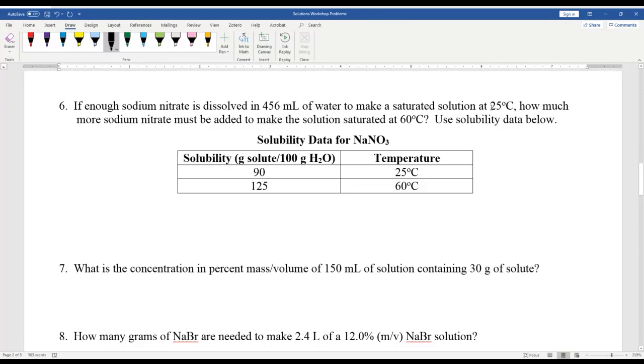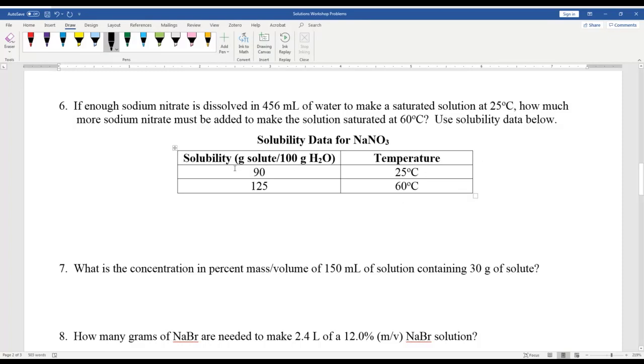So in this case, we make a saturated solution at 25 degrees, and we have to find out how much more has to be added to make the solution saturated at 60 degrees. So for this, we're going to want to solve for how much would be present in a saturated solution at 25, and then how much would need to be present for a saturated solution at 60.